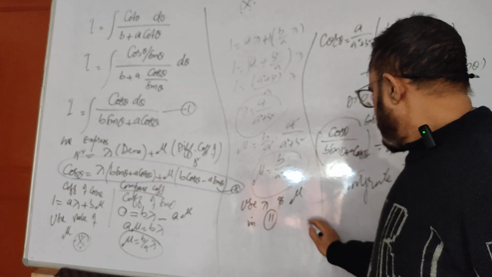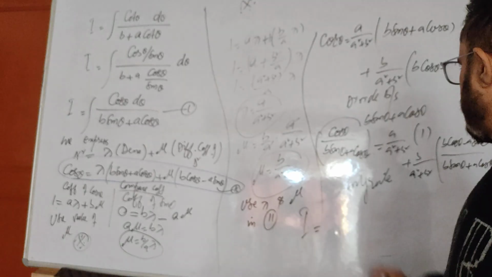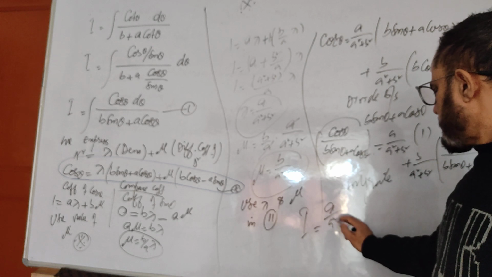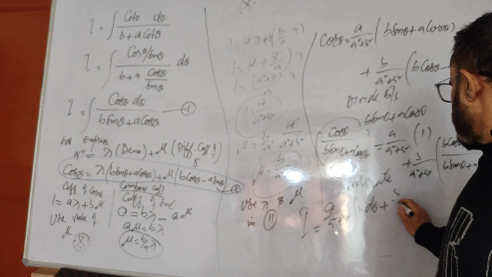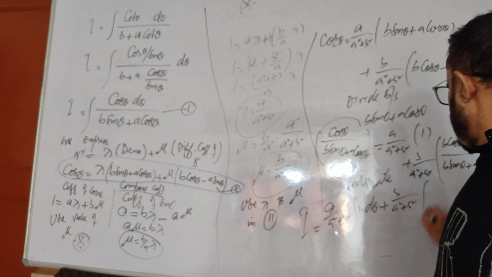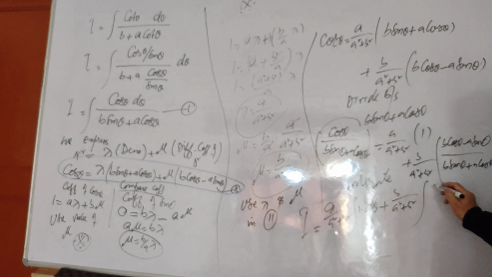This is your given integral. You get I is equal to a upon a square plus b square integral of 1 with respect to theta, plus b upon a square plus b square integral of b cos theta minus a sin theta by b sin theta plus a cos theta d theta.